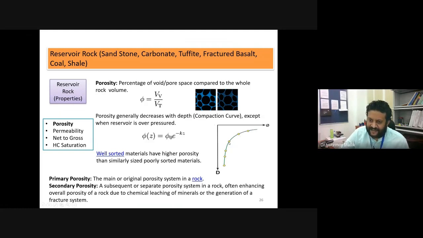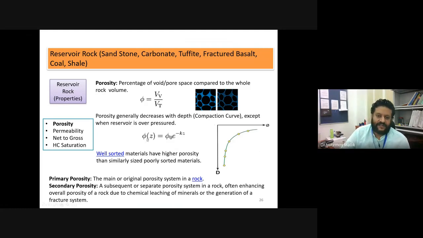Initially it decreases fast, and then it is kind of constant. With depth it doesn't change a lot, simply because then you have compressed it enough. You cannot compress the rock anymore. And this essentially can be found out by an equation.